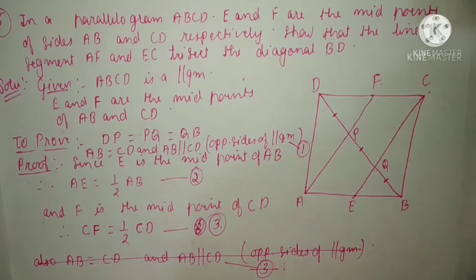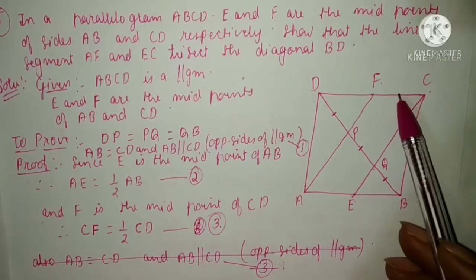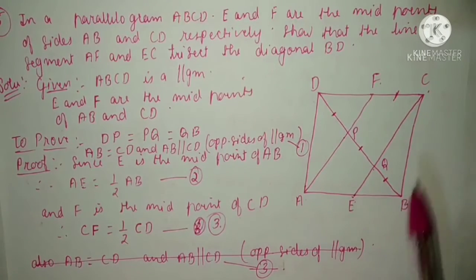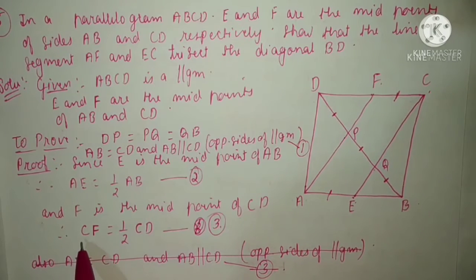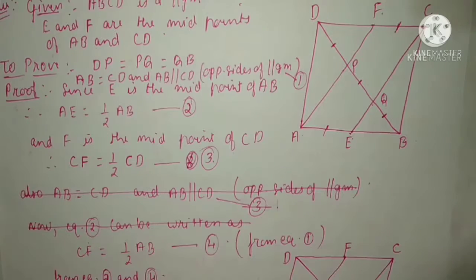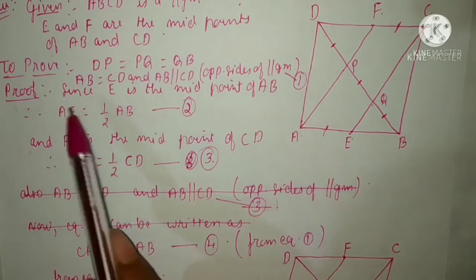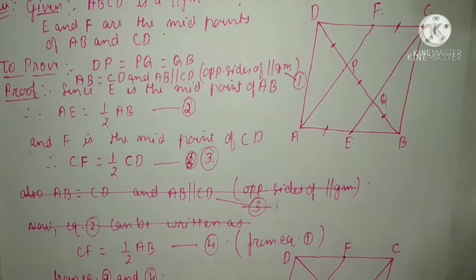Now it is also given that F is the midpoint of CD. So in this also, FC will be half of CD. This FC, that means CF, is equal to half of CD. Name this as equation number 3. Now in equation number 1 we have written that AB is equal to CD.